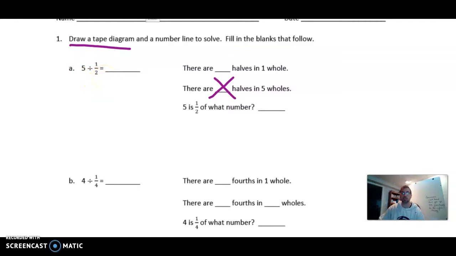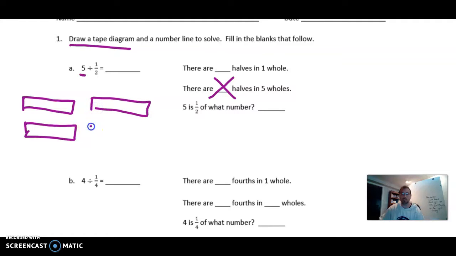To start, draw 5 wholes. I'm going to draw 5 wholes on your scratch piece of paper, the left-hand side. Even if you're doing it on a whiteboard that you have with you or a slate, go for it. But you want to make sure you draw 5 of those.